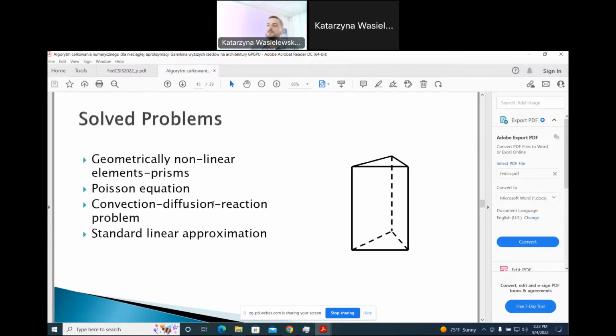We solve two problems in our research. We used geometrically nonlinear prism elements and solved two problems. First is the Poisson equation. The second is the convection-diffusion-reaction problem, and we use standard linear approximation for both.